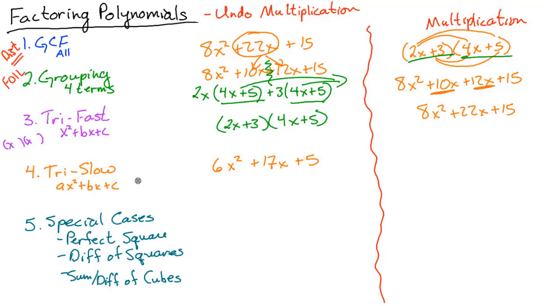So let's write it out here. A times c. And then 6 times 5 is 30. Now, what multiplies up to 30? 1 and 30, 2 and 15, 3 and 10, 5 and 6. And now it's which set of these add to b. These are the options for where b came from.